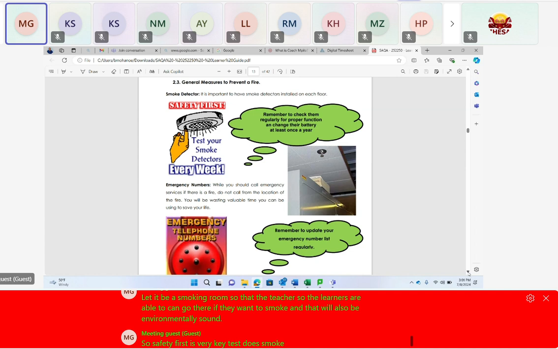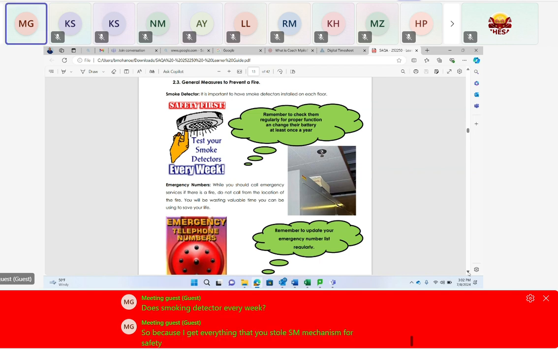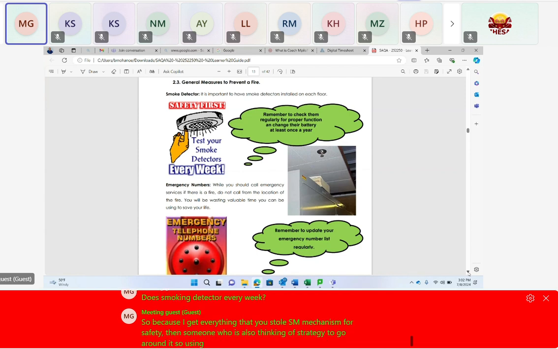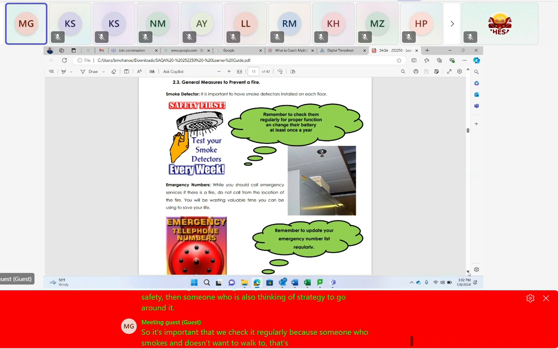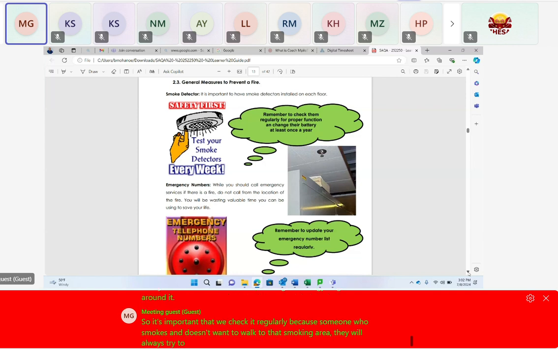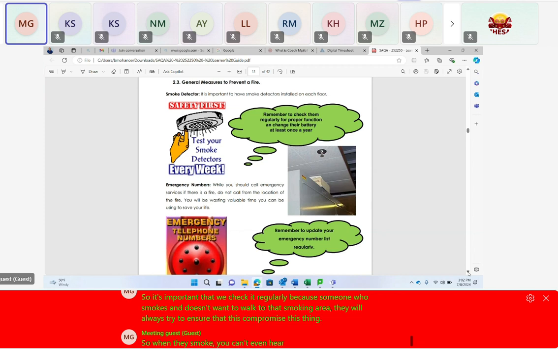Test your smoke detector every week. Everything that you install as a mechanism for safety, there's someone who is also thinking of a strategy to go around it. So it's important that you check it regularly, because someone who smokes and doesn't want to walk to that smoking area will always try to compromise this thing. So when they smoke, you can't even hear the detector reacting.